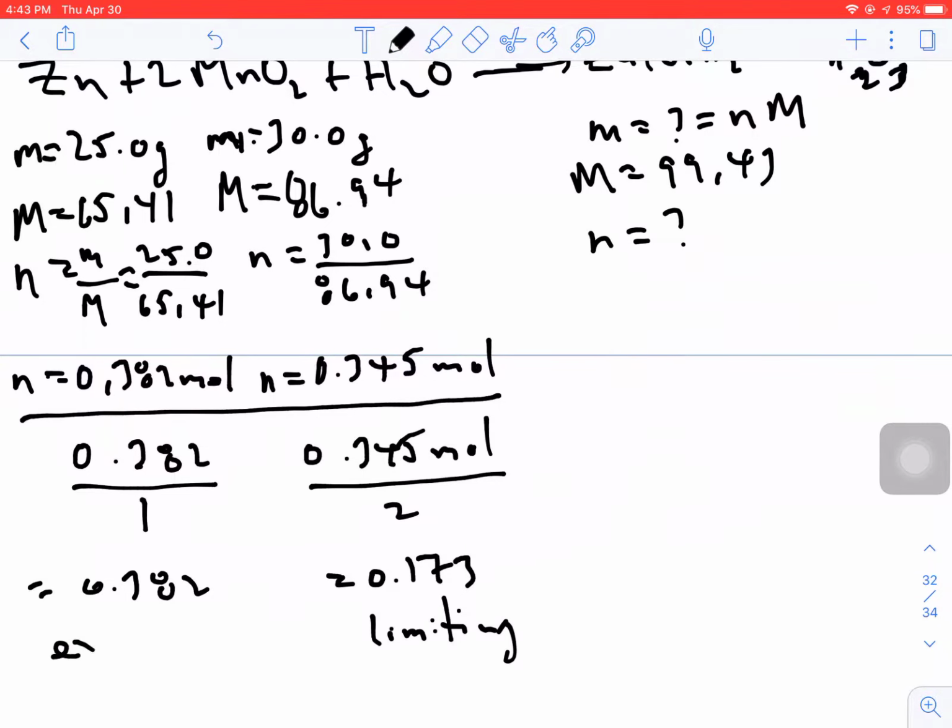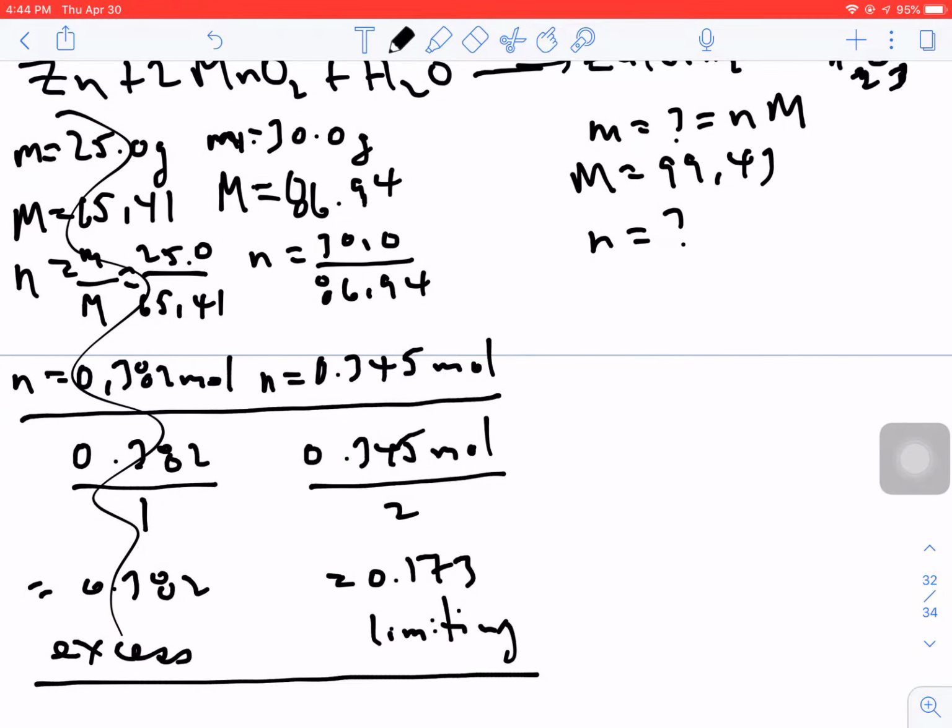The one that's in excess, I don't need to think about it anymore because it's not going to tell me anything about how much product I'm going to get. What's going to tell me about the amount of product is the one that's going to run out, because it's the one that will decide how much product I'm going to get. So now that I've got that far, I've got to do my mole ratio.